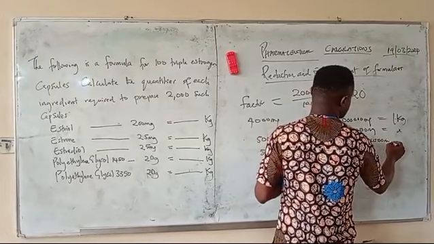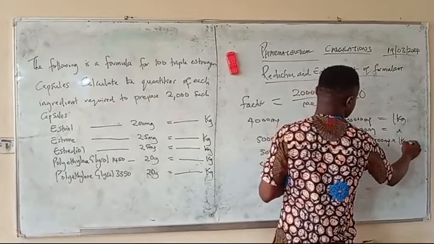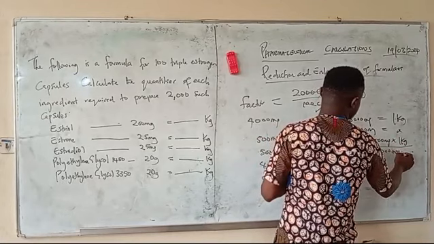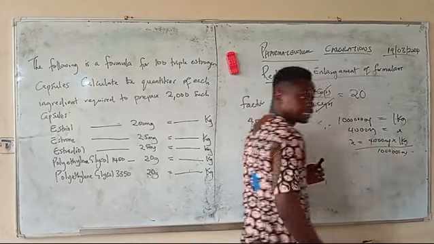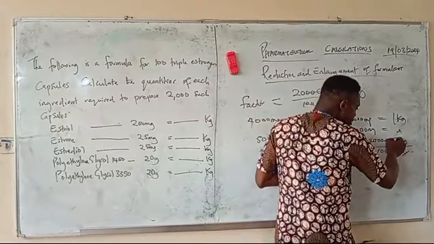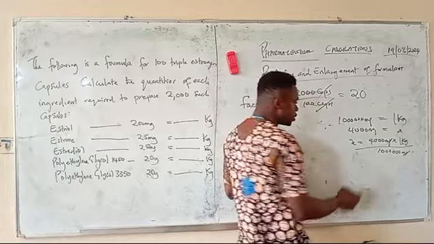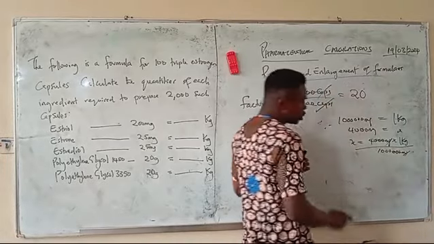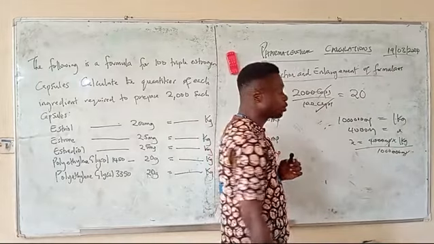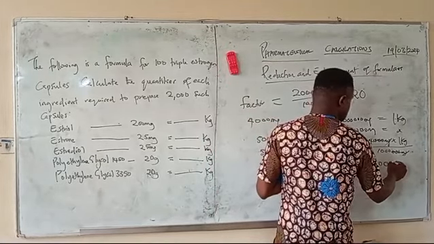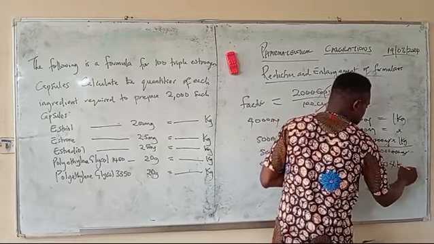So X is 4,000 milligram times 1 kilogram over 1 million milligram. Is it clear? Milligram cancels milligram, so we are left with kilogram. The zeros cancel, so we have 4 over 1,000, which is 0.004 kilogram.